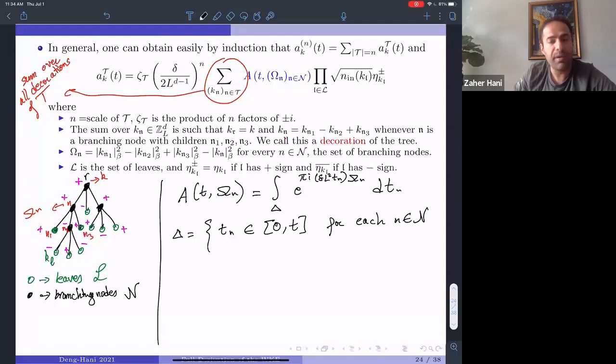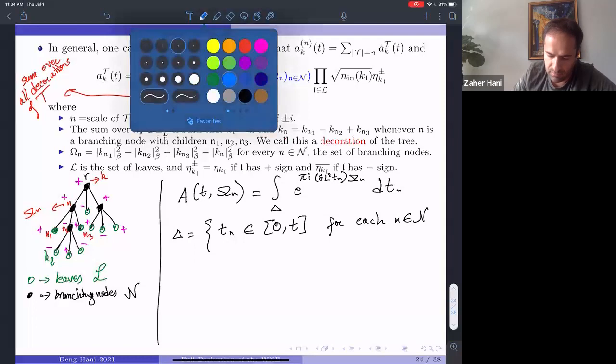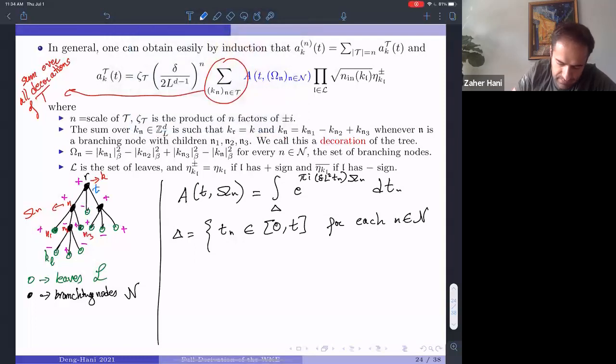So at each branching node, I have a time variable. Let me put it in a different color. So this one has time variable t sub r. If this is called n, there's a time variable here that's called t_n, and so on. Here, for example, this is t2, something like that.